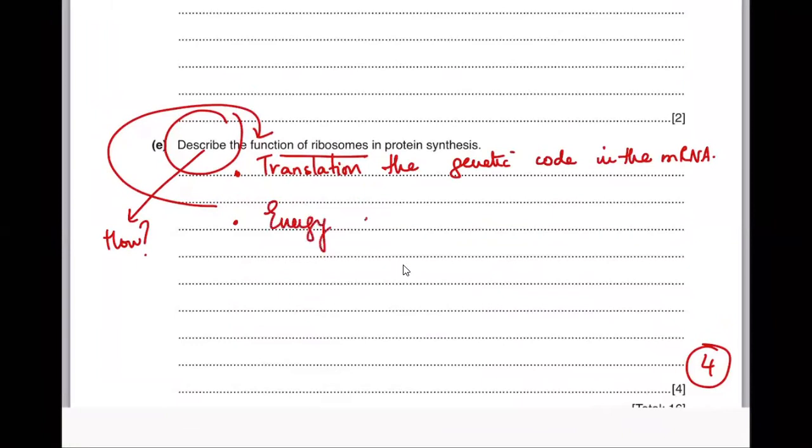Okay, to do what? So translate the code. Translate the code is a very general and vague answer. But to actually talk about what is that thing in which the energy in the form of ATP is needed to power a certain specific process in translation or in protein synthesis.